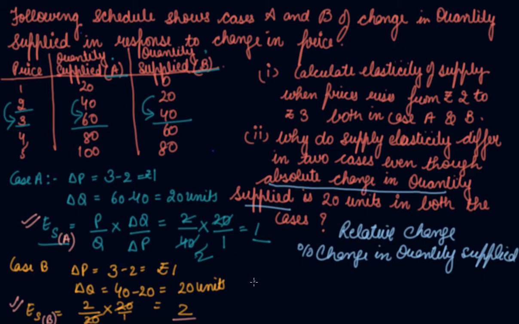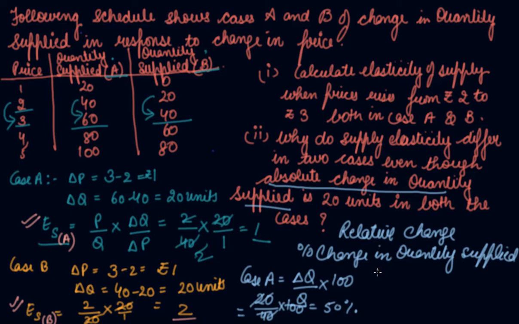In case A, you calculate percentage by this formula, change in Q divided by Q into 100, right? So change in Q was 20, initial Q was 40, into 100. It becomes a 50% change, right?